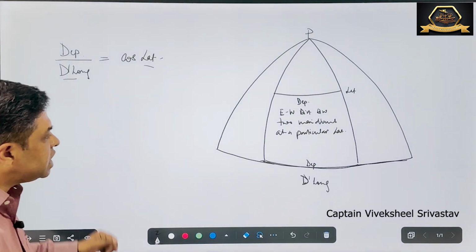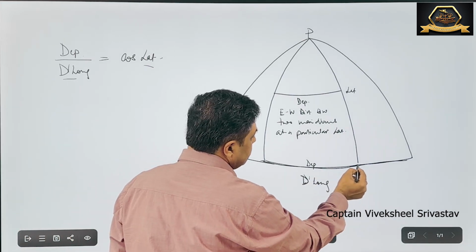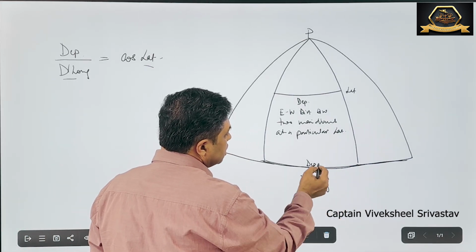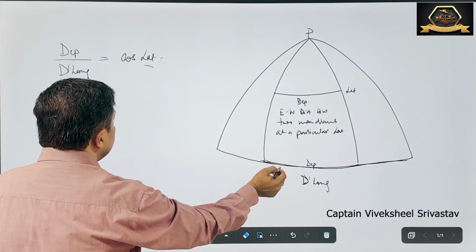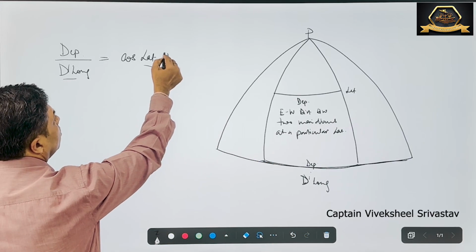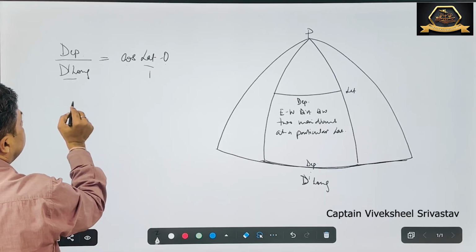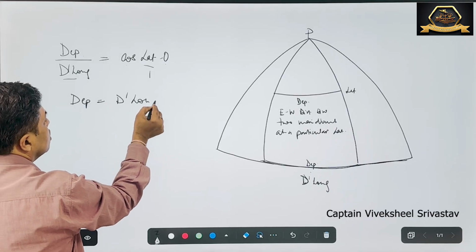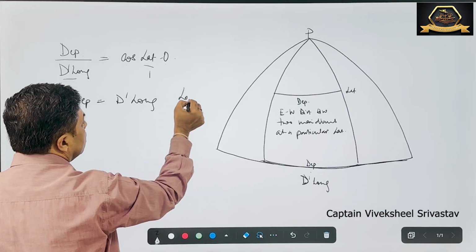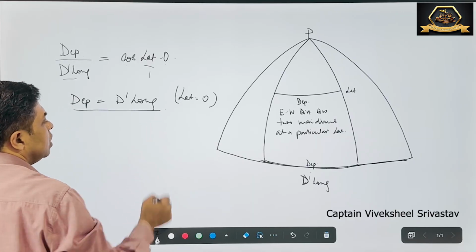So now as you can see, at the equator, d long is equal to departure. Why? Equator latitude is 0. What happens to cos 0? It is 1. So departure becomes equal to d long. So at latitude 0, that means at the equator, departure is equal to d long.